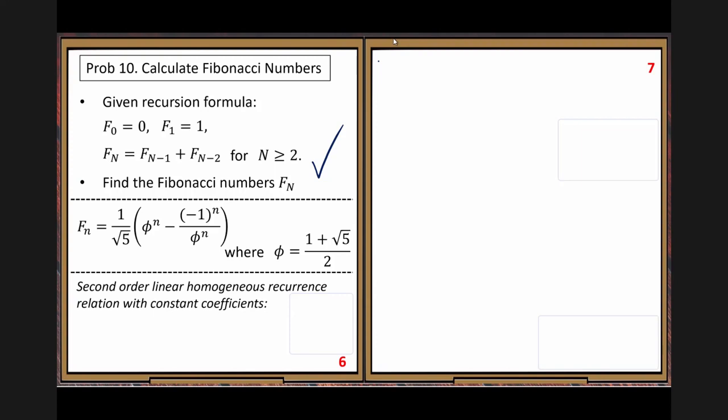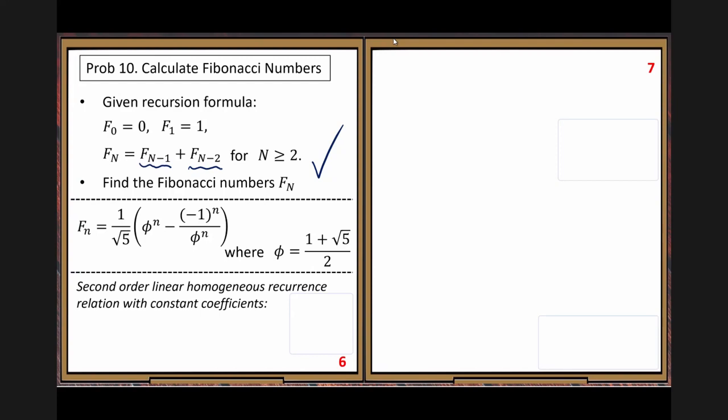Second order, not first order. Here you can see two terms at the right hand side. Two Fibonacci number terms. That's a sequence, the F sequence. Two adjacent terms in that sequence are used at the right hand side.